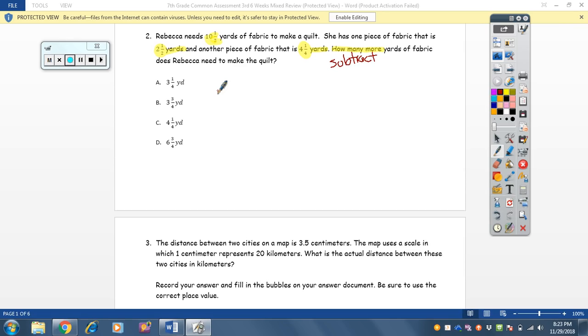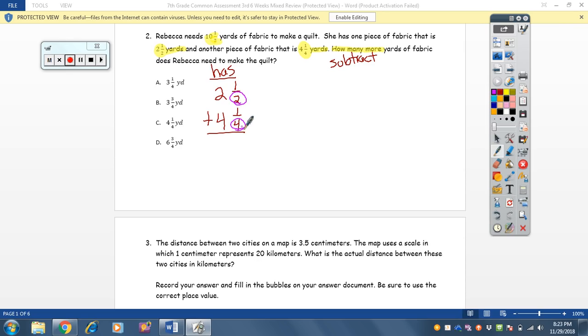So you are going to have to add 2 1/2 plus 4 1/4, because this is how much she has. To do this, you're going to need a common denominator. You have 2 and 4.